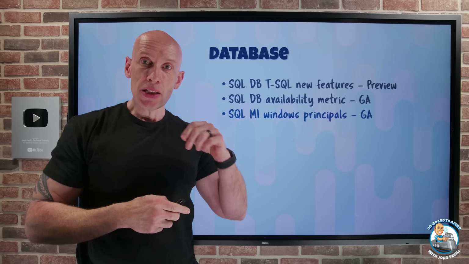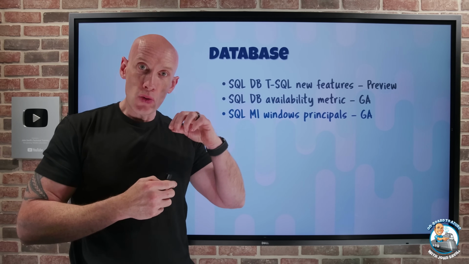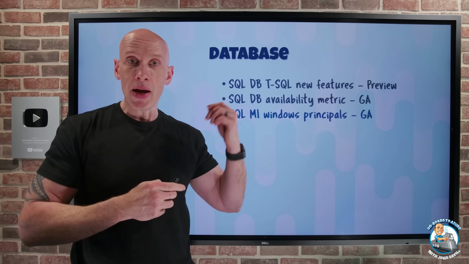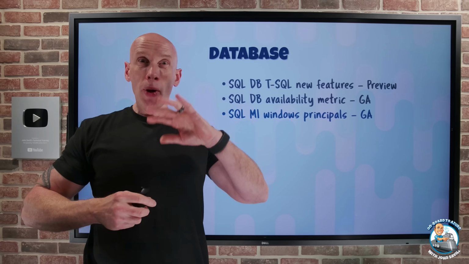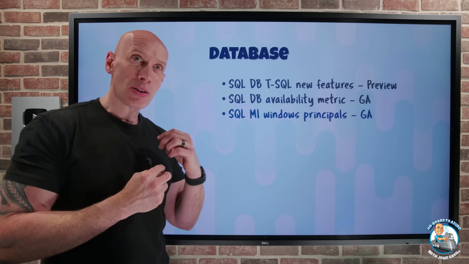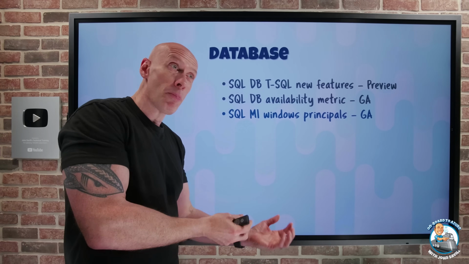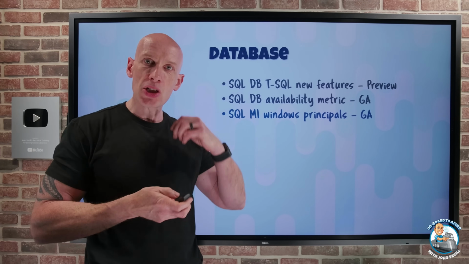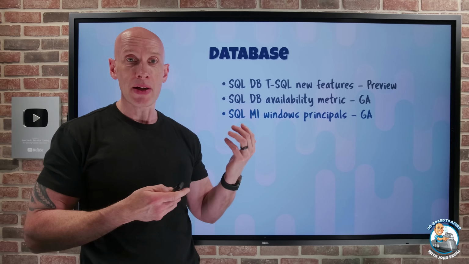So what it now lets me do is then use the appropriate Entra user against my SQL MI instance. So this is phenomenal for migrations, because in the past, I would have had to go and drop and recreate all the logins, but I don't have to anymore. I'm going to just be able to use those as part of that migrated metadata.